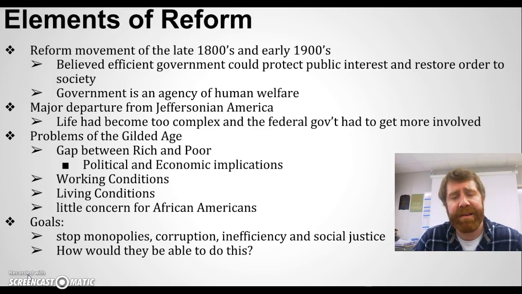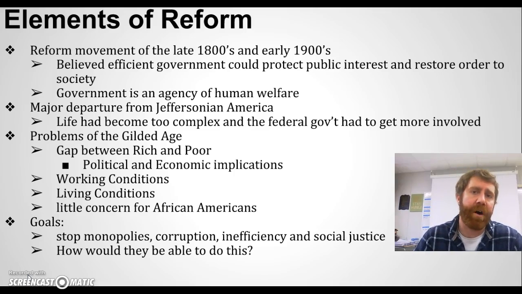How would these progressives be able to achieve these goals? Once again, through the vehicle of government. I want to stress that notion that the federal government, or I should say government in general, has to get more involved to start fixing some of these problems.